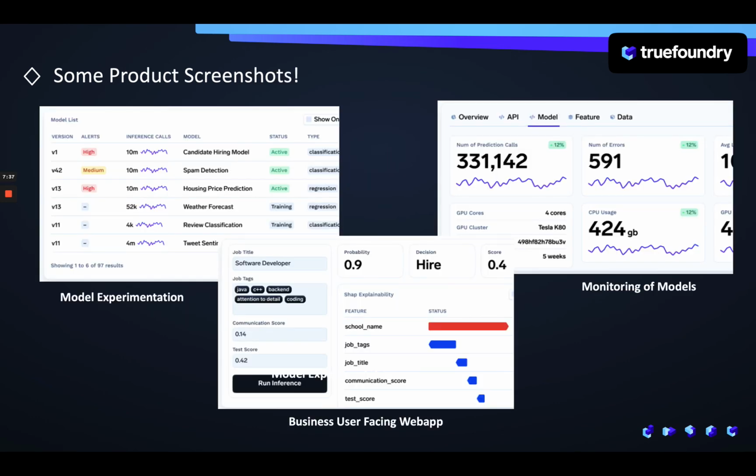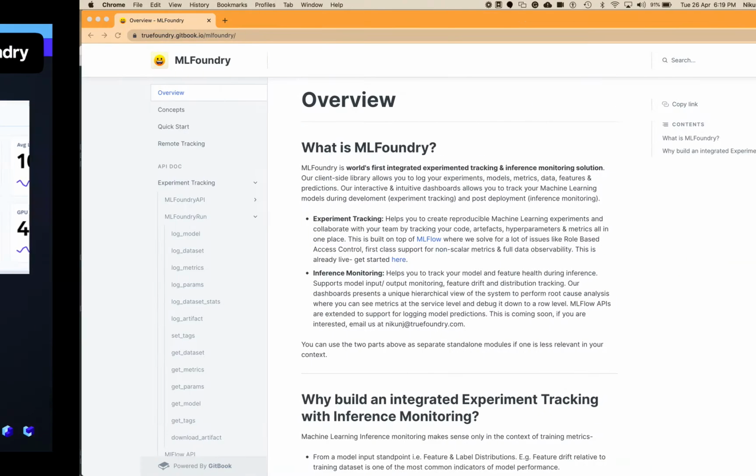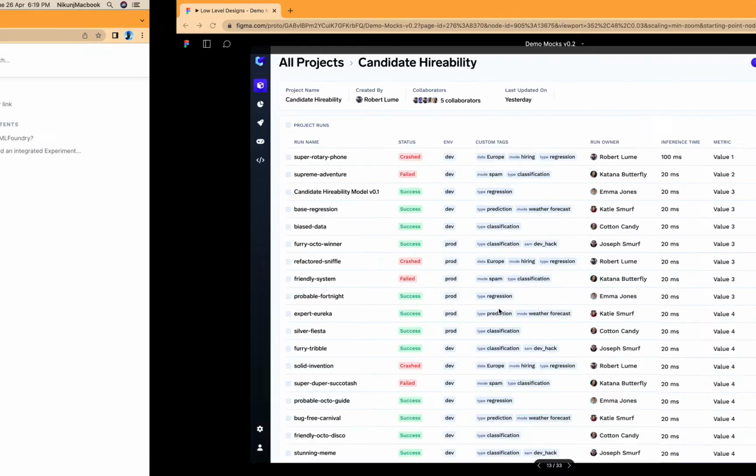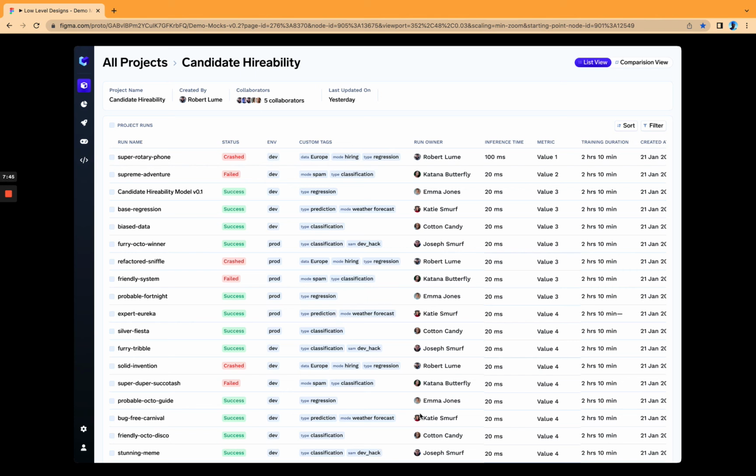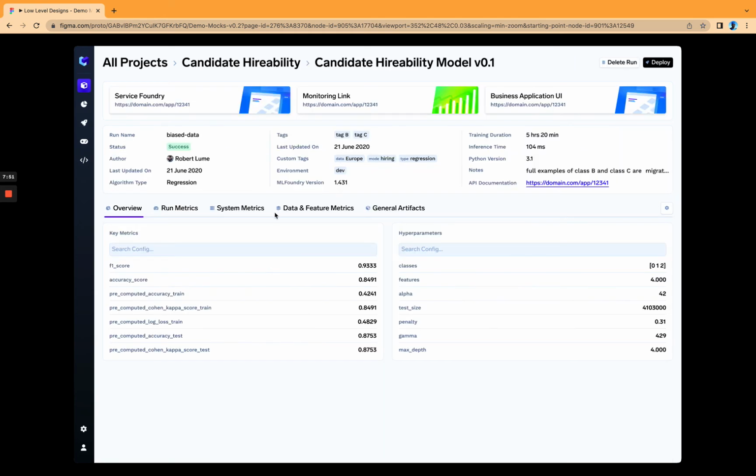And now we can either look at the screenshots or see a real demo of what we are building. So what you're seeing here is an experiment tracking dashboard to begin with, which comes from your training time. And here you can go ahead and see the details of a particular experiment that you have conducted. So maybe you logged the metrics of your model from your training time, the hyperparameters with which the model was trained.